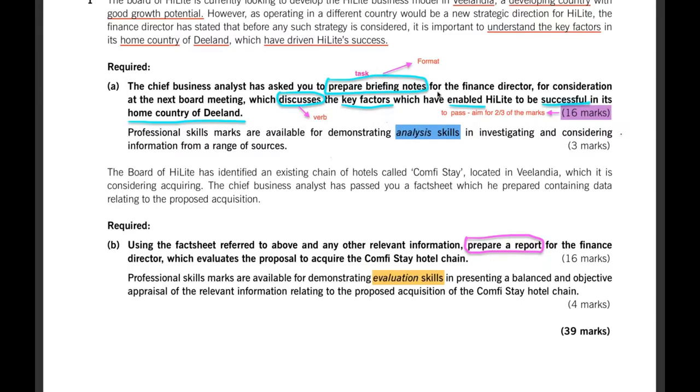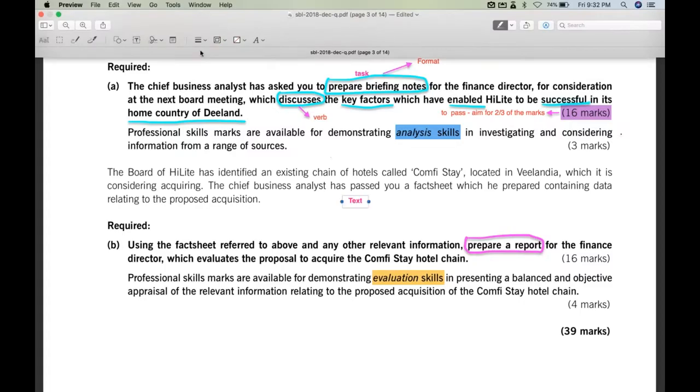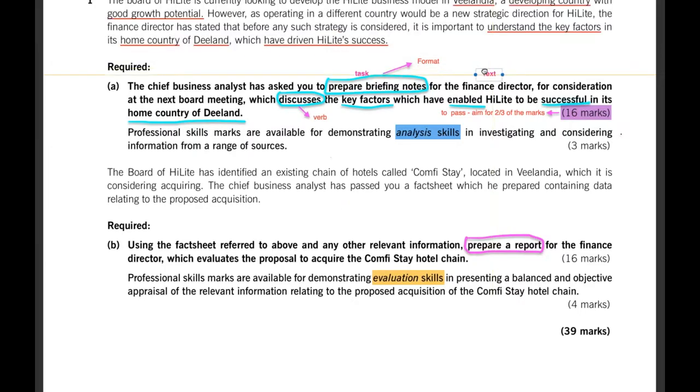You are going to prepare it for the finance director. All right. So who's your finance director then? Finance director is your... you're preparing the briefing notes for the finance director.